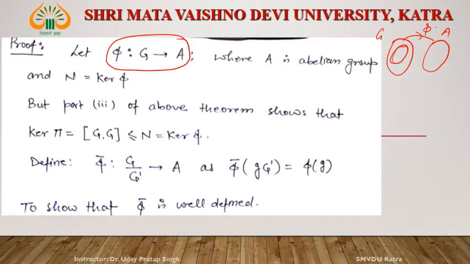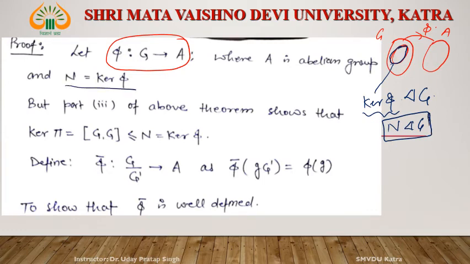This thing is the kernel. The kernel of phi is a normal subgroup of G. Let us call this kernel of phi capital N. This is a normal subgroup of G. Then what is G prime? G prime is the smallest normal subgroup. So this G prime is the smallest normal subgroup of this one.